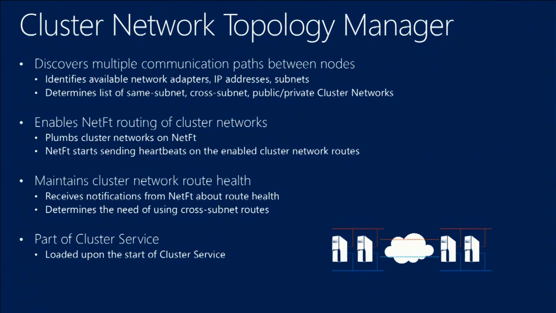So if I have a NIC1 that has IP1, and on the second node I have an IP2, netft would say, okay, send heartbeats on IP1 over port 3343 destined to IP2 again for port 3343.